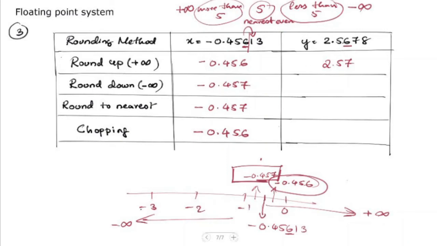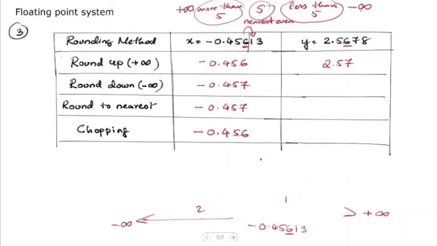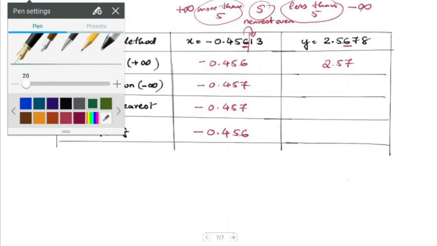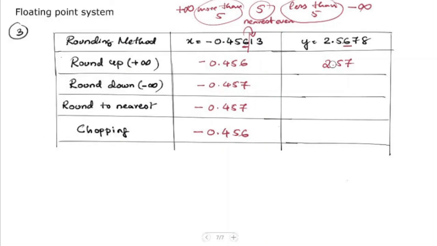And then we have the next one, which is round down. So we round it down no matter what the next number is. This might be a bit confusing. Let me draw the scale again here. Let's draw the scale here, and now we have 0, and let's say we have 1 here and 2.